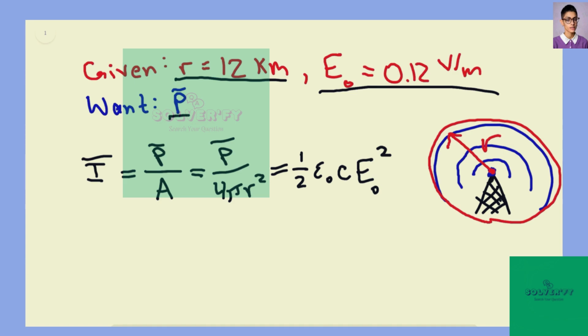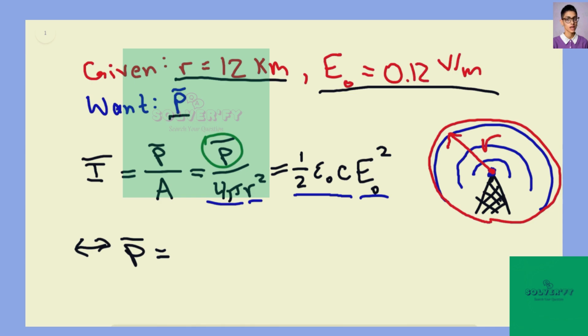So looking at this expression here, we know that 4 pi is constant, radius is given, 1/2 epsilon naught, speed of light are all constants, and we're given our electric field strength. So all that's left is our power term, which is what we're searching for. So all we have to do is rewrite this a little bit to isolate for power, and then plug in our values, and we should get an answer.